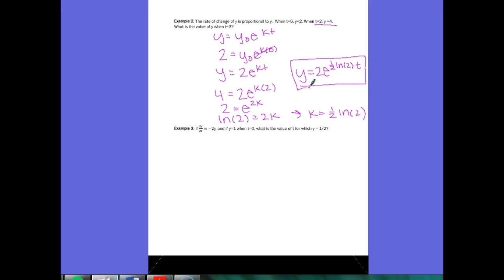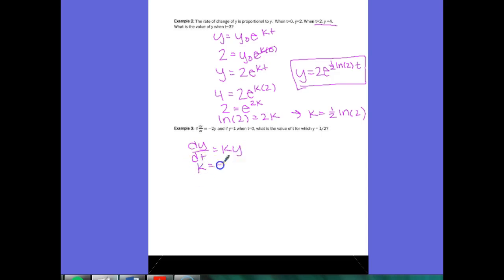So now they've changed the dy dt a little bit on me. Instead of giving me a k, they gave me a negative 2y. That changes the problem a little bit. What does that negative 2 represent? It's the k, right? Because the equation is dy dt equals ky.